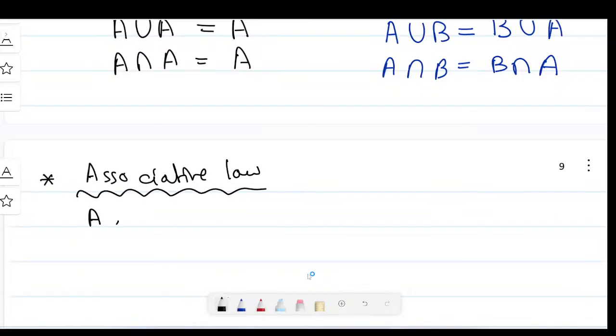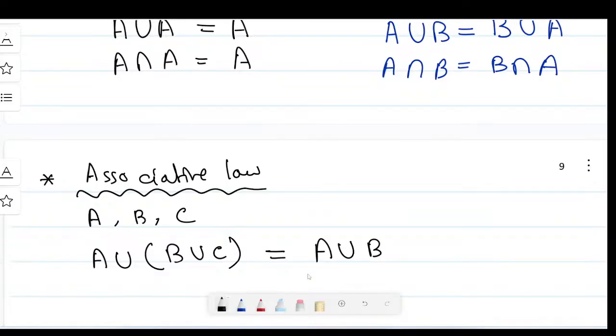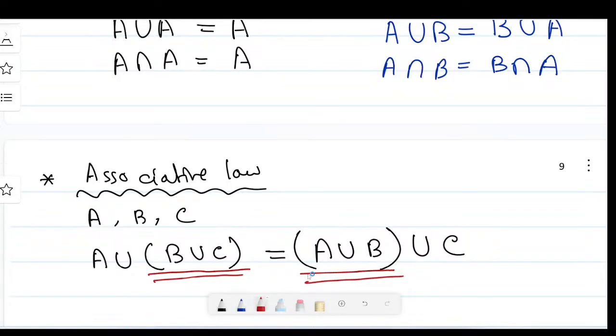If I take three sets A, B, C, then A union B union C is also true for A union B in the first bracket, then external union C. Here you can notice that I am just exchanging the bracket position, but the result is the same.